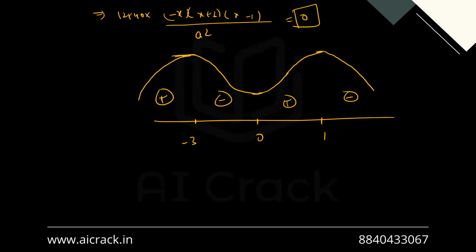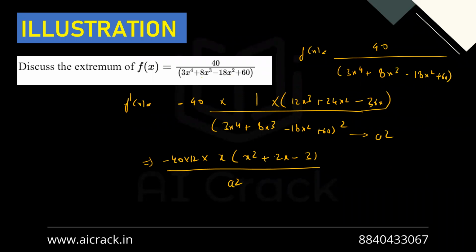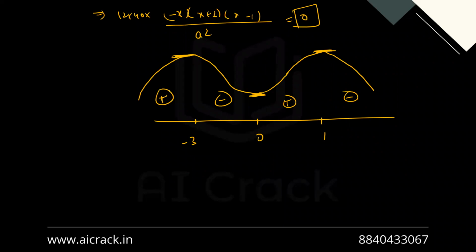So we have got a point of local maxima over here, local minima over here, local maxima over here. If we talk about global maxima and global minima, we can clearly see that this function would eventually go close to 0 if we put x equals infinity. So we'll be getting close to 0 over here and close to 0 over here, unless we are getting a negative value over here.